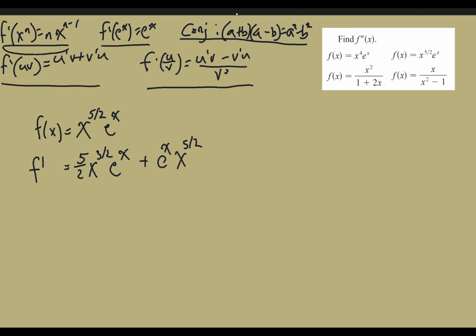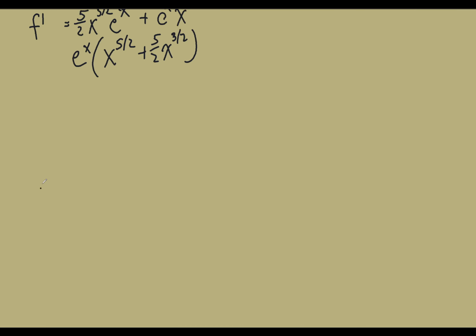How do we take the second derivative? Well, maybe we should factor first. Let's call it x to the 5 halves. I like to put it in order of degree. And now let's take our second derivative, u prime, e to the x, so the derivative is the same, times v, which is the same.